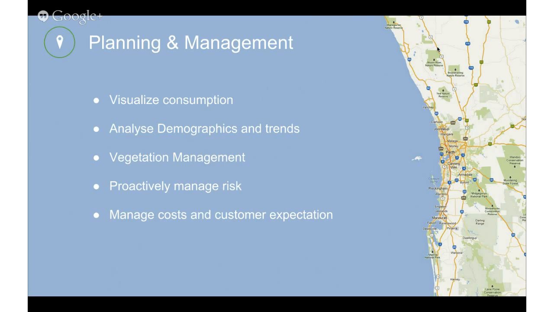You might have population growth in one silo, usage in another, network data or planning data in another silo. What we're suggesting is you bring all this information together. And the vegetation management example that we just talked about, Ergon, is a very good example of them being able to pull both network-related data together with imagery to make the right decisions for their business. And it's all about proactively managing your risk and your costs.